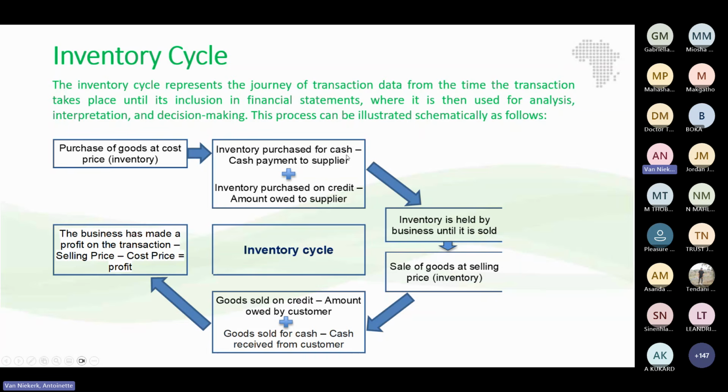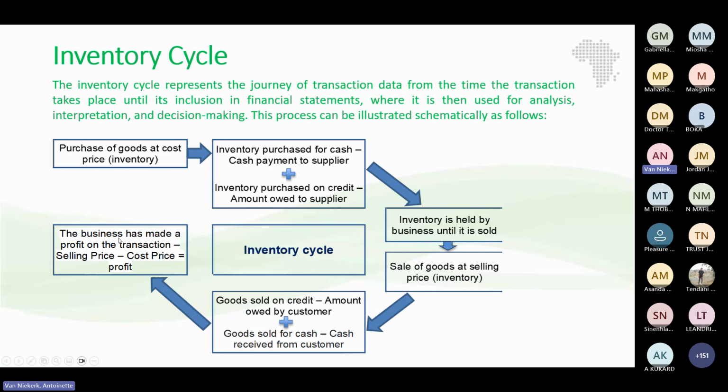So your bank account, which is an asset account, which you should know by now, will decrease on the credit side. Your inventory account, which is also an asset account, will increase on the debit side.